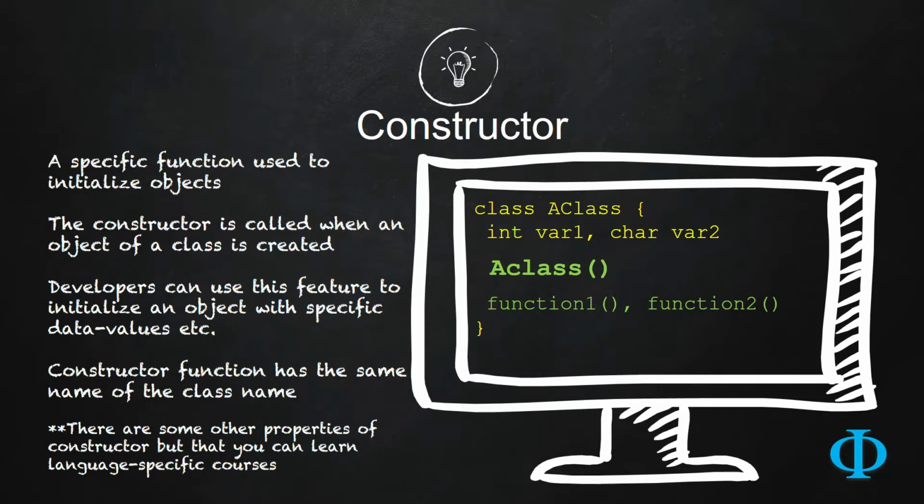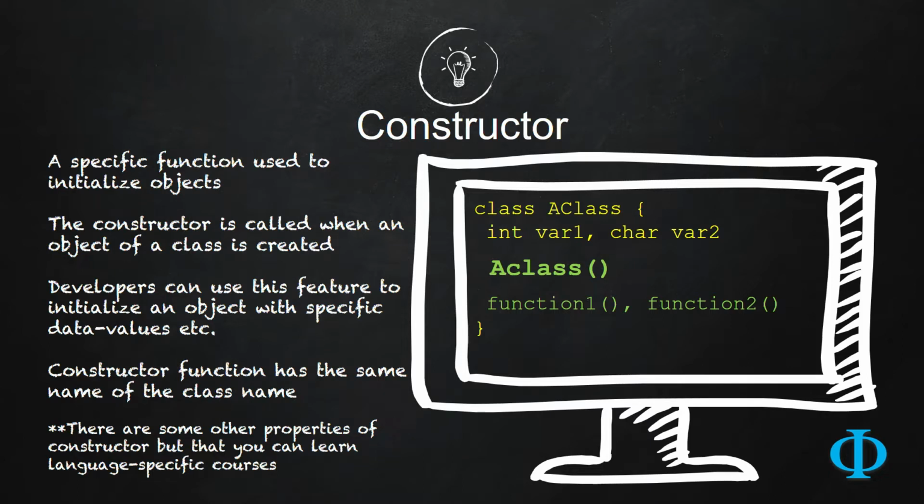For example, you may want to initialize some variable because a class has variable functions and lots of different things, and you may want to initialize the variables, or you may want to do some start of the program work that you want to do during the creation of the object. All those things you can do inside a constructor function.